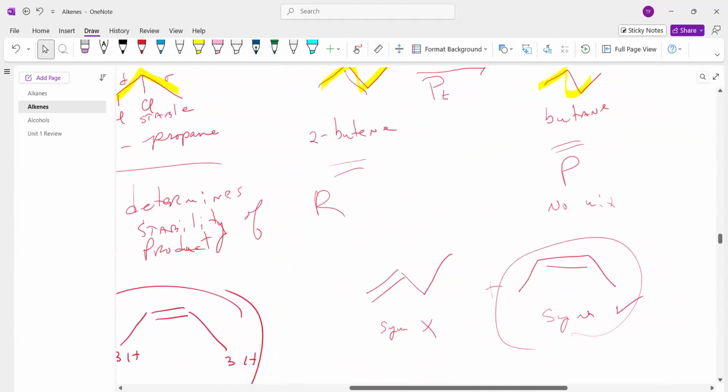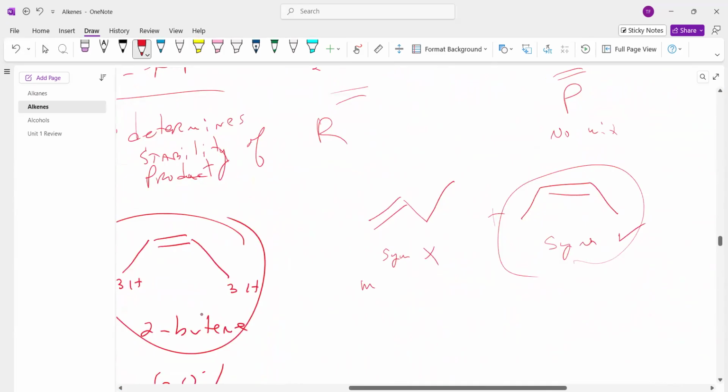So let's apply that rule here. Okay, so let's count the terminal hydrogens. Either 2 here, 3 here. We have 3 here, 3 here. So let's count them.